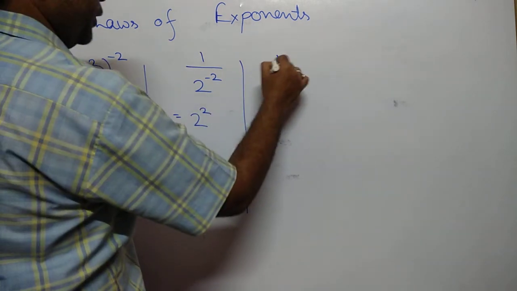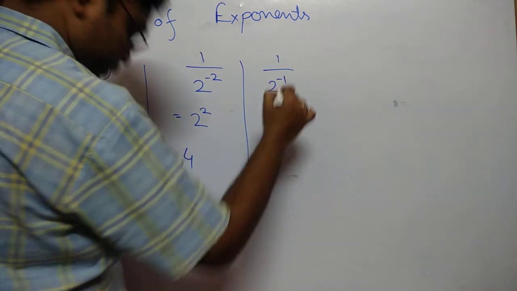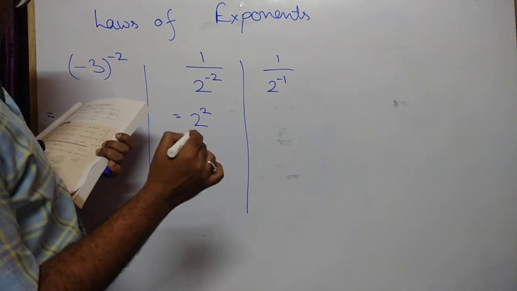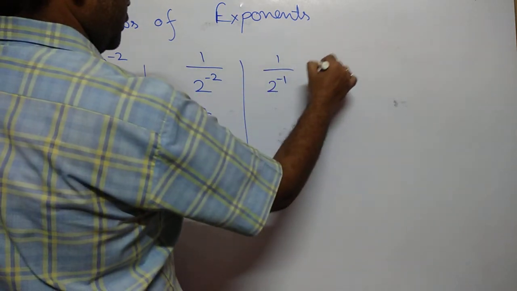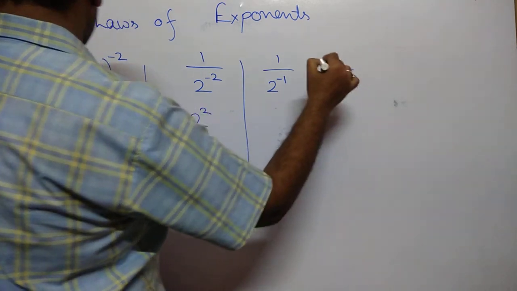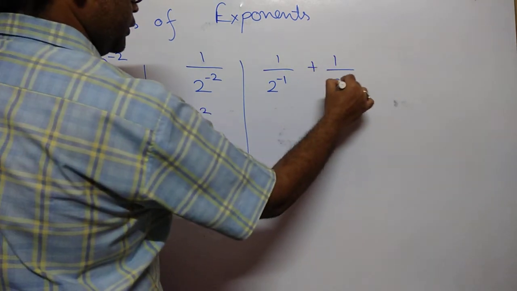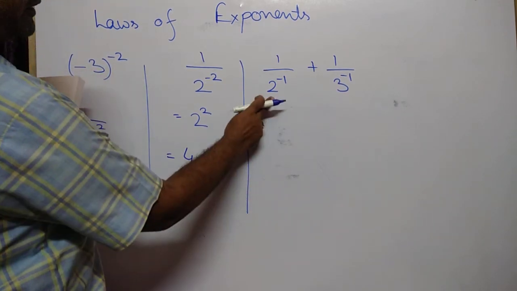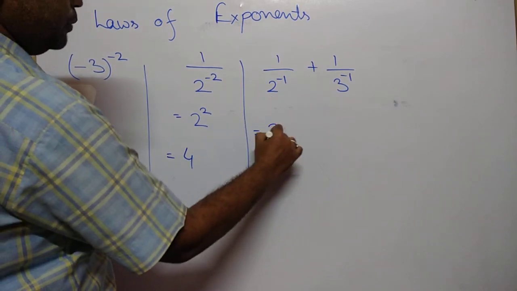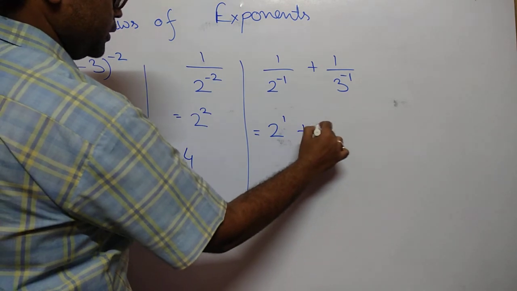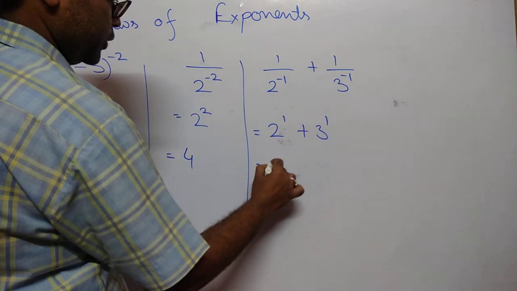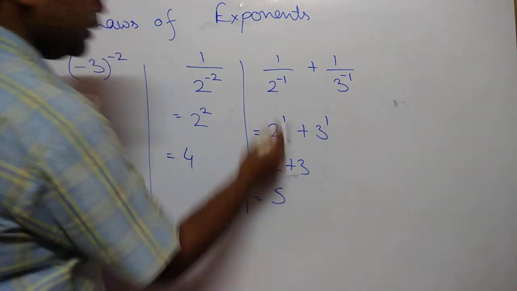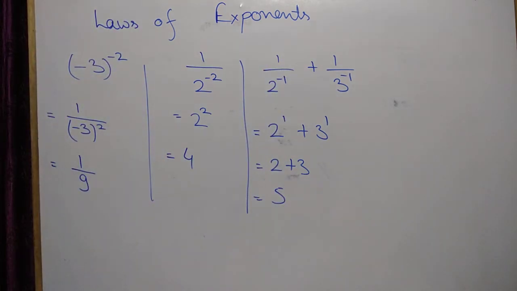It's 1 upon 2 to the power minus 1 plus 1 upon 3 to the power minus 1. How do we simplify? First we reciprocate. So 2 to the power 1 plus 3 to the power 1, it's 2 plus 3 equals 5. Hope this one is clear to you.